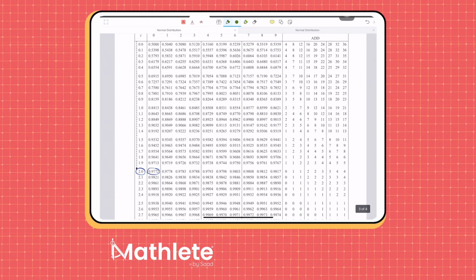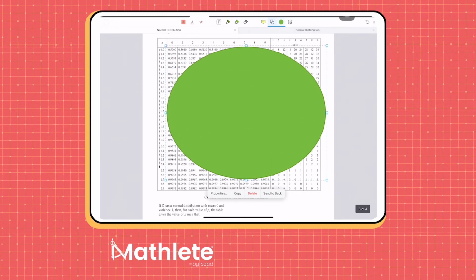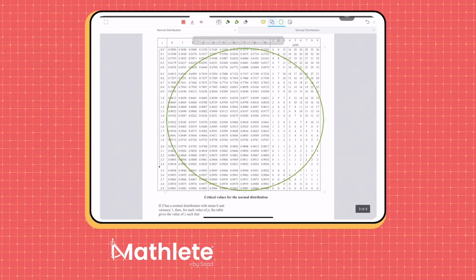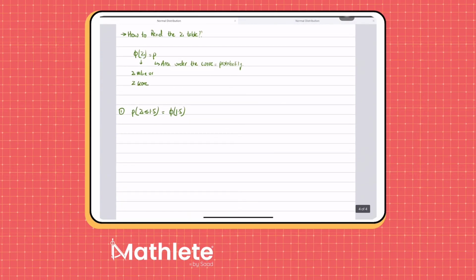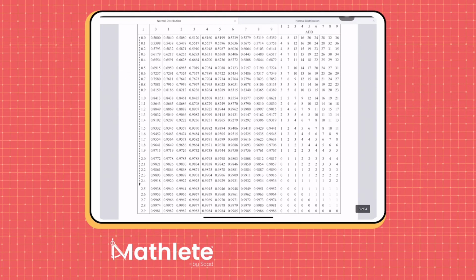These values in this column are all your z values, and all these other values are your p values. So if I want to find out phi of 1.5, how will I read this table?